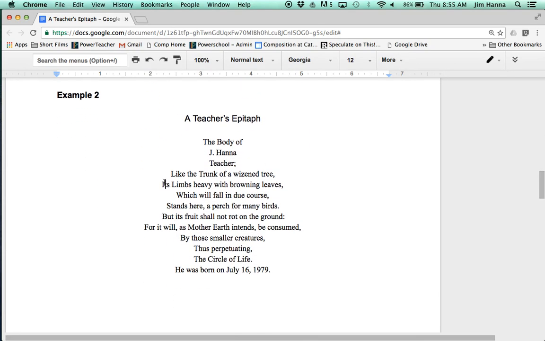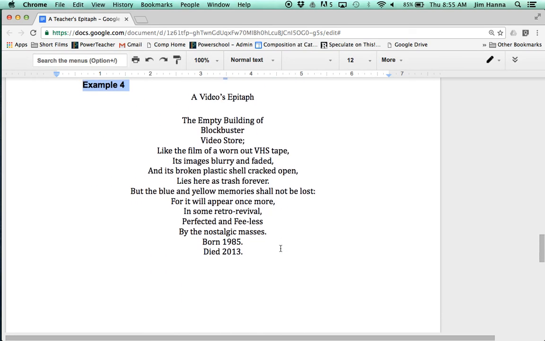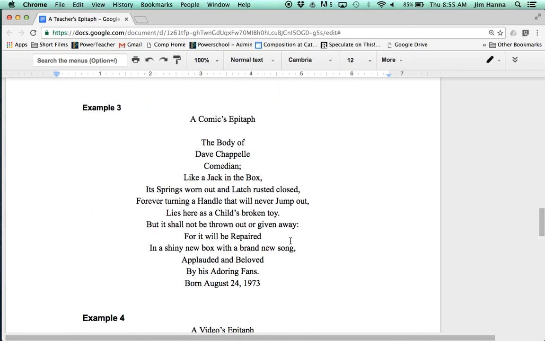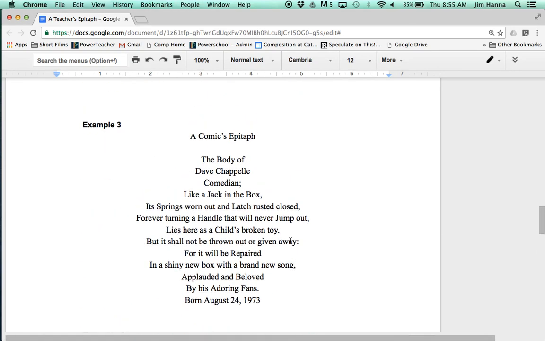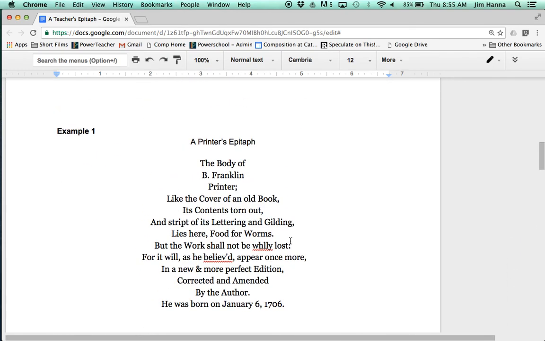Or all these other lines have to do with a tree, or a Jack in the Box, or a VHS tape. So the extended metaphor must be of one metaphor. You can't switch metaphors or similes in the middle there. It has to be a single metaphor that's extended throughout the whole thing.